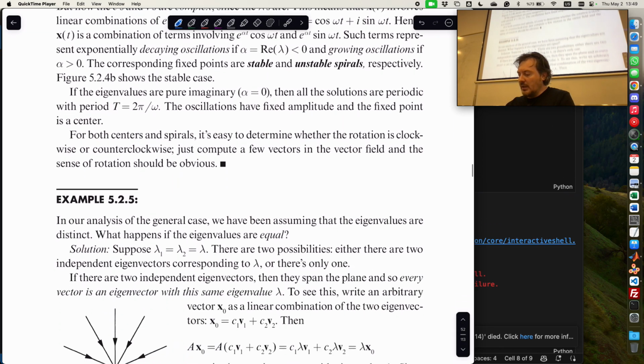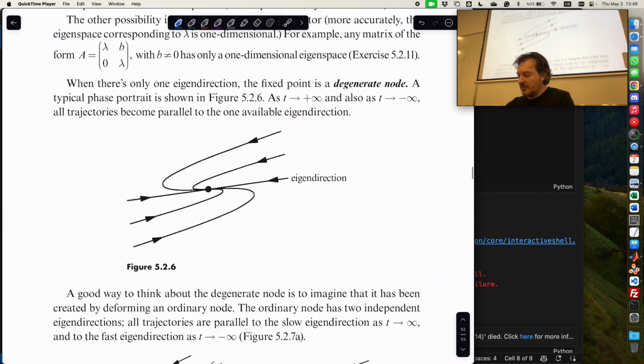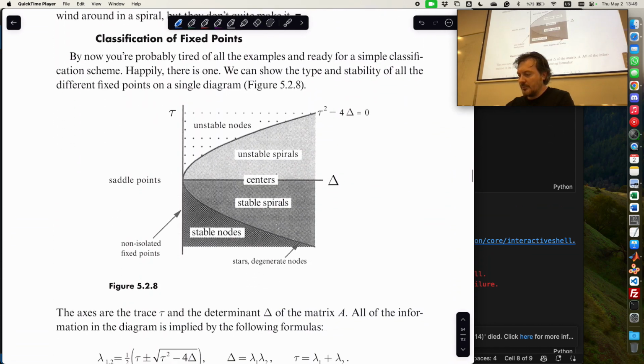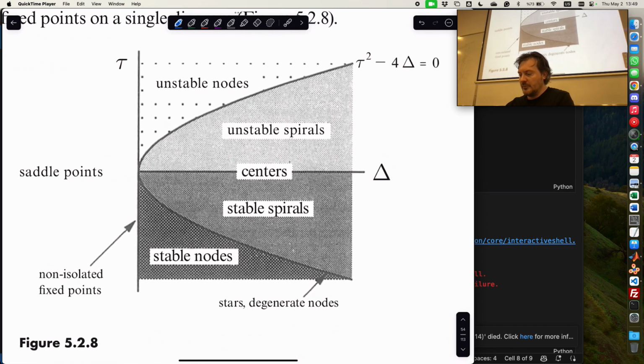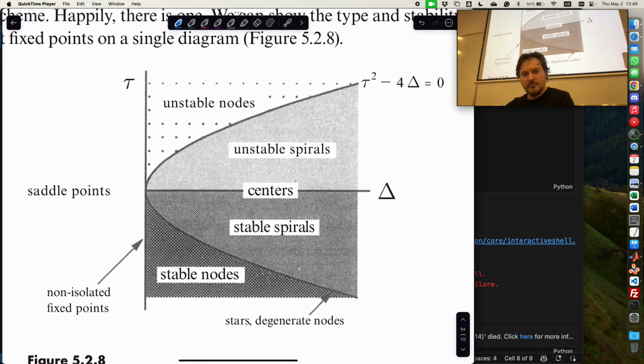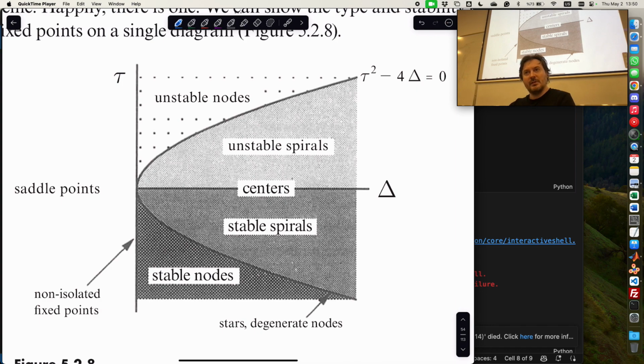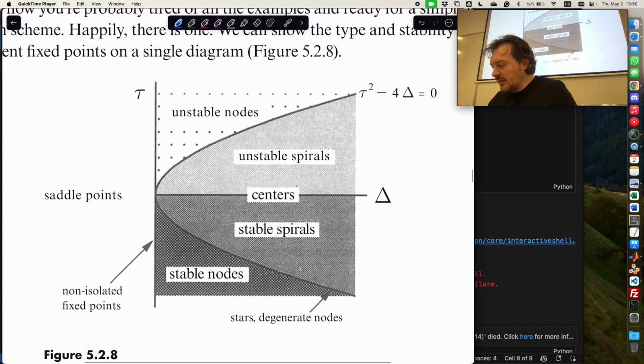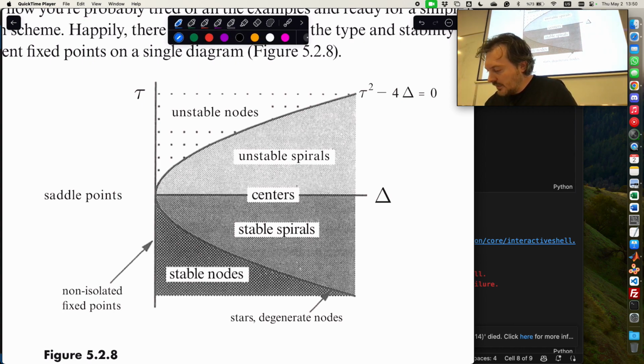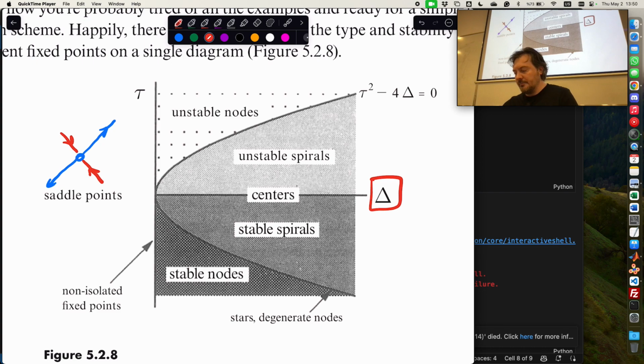So I will just skip all this and come to the point. This is what we should know by heart. Okay, this is the main point here. We can classify, we have seen saddle points. They are these points where one direction repels and the other one attracts. So this happens if delta is less than 0.